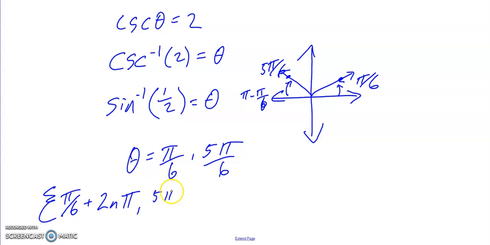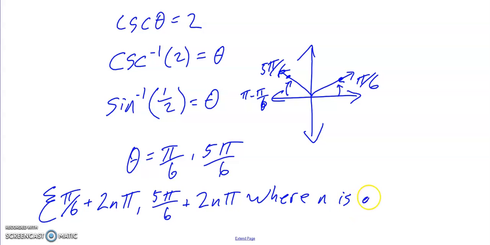And 5pi/6 plus 2n pi, where n is an integer. And that'll be all of my values of theta for this equation.